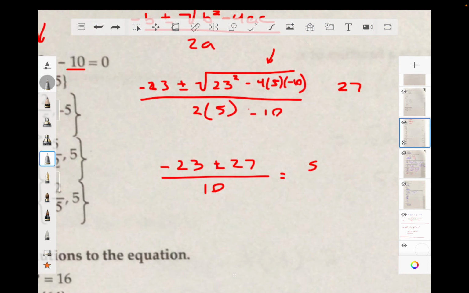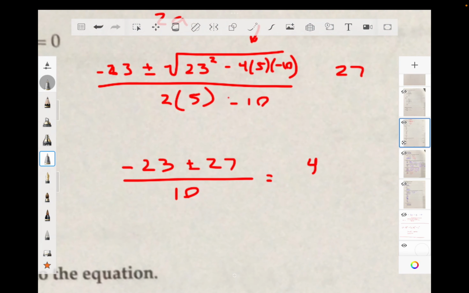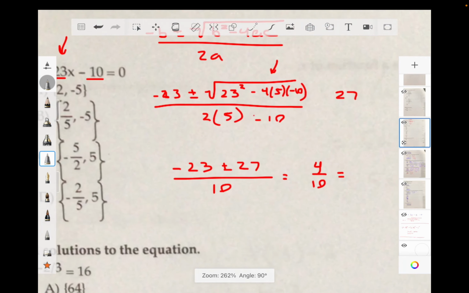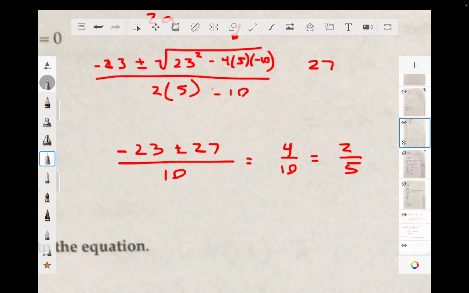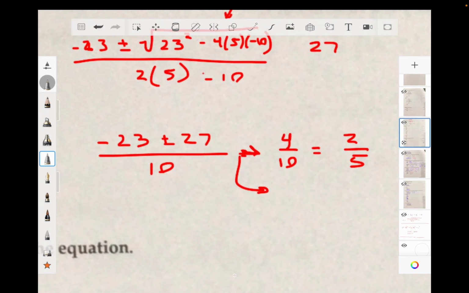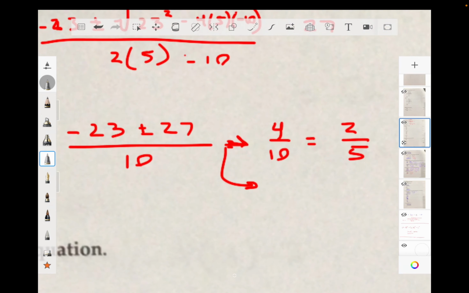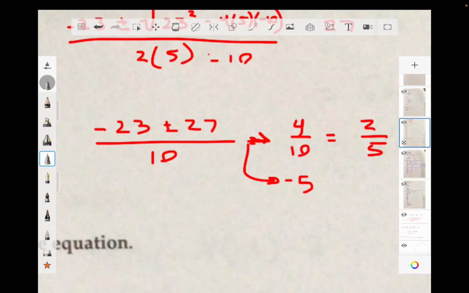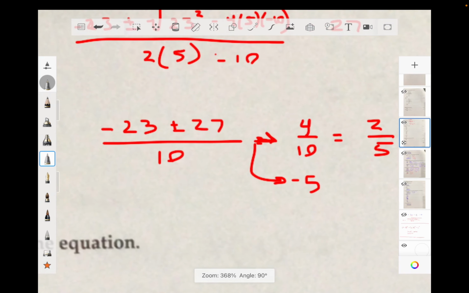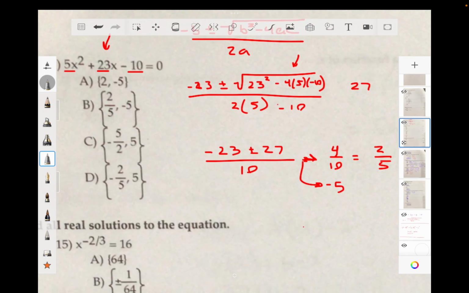Oops. Which is, of course, 2/5. And that's one route, so I'm going to put an arrow here. Another way is negative 23 minus 27, which is negative 50. Negative 50 over 10 is negative 5, so 2/5, negative 5. So B.